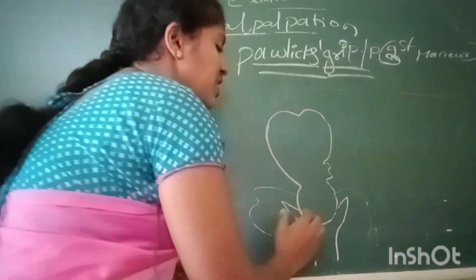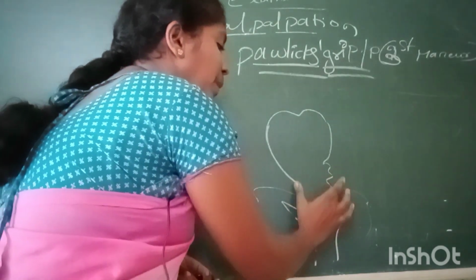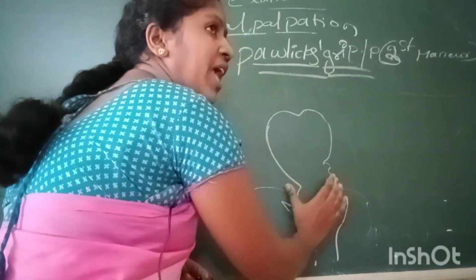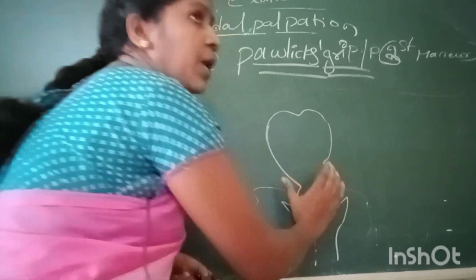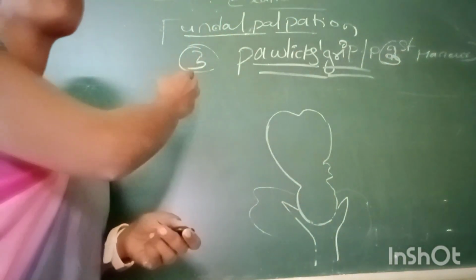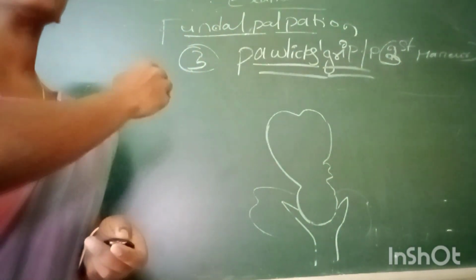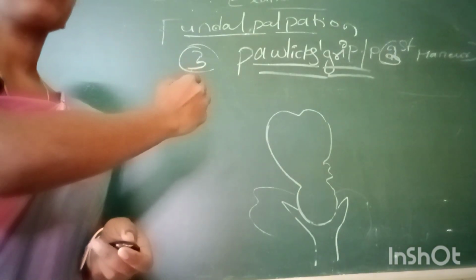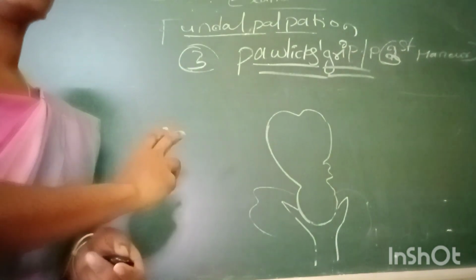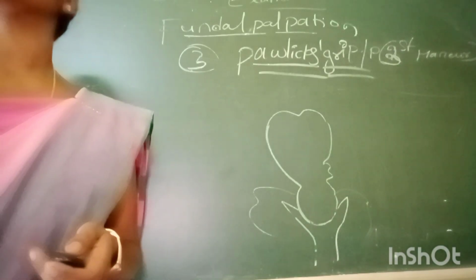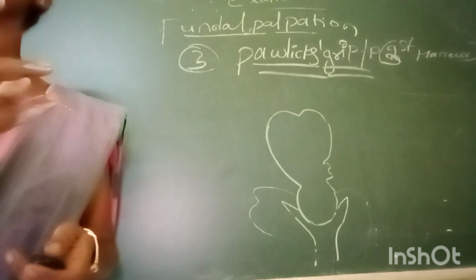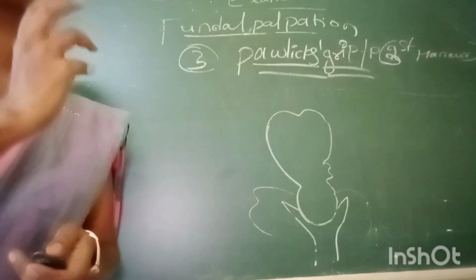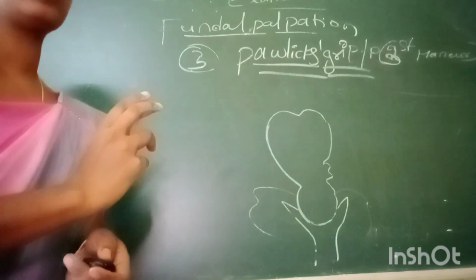If it is not fixed and is just above the pelvic region, then we can move it. This grip is called Paulick's grip or Paulick's palpation or third maneuver, used to know whether the fetal head is fixed in the pelvic region or not.